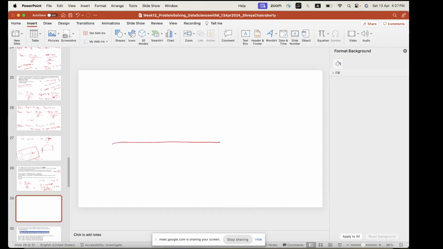The rejection region will be, so this is the distribution of the test statistic. Alright. So if it is falling on this side or if it is falling on this side, either way we are going to reject.